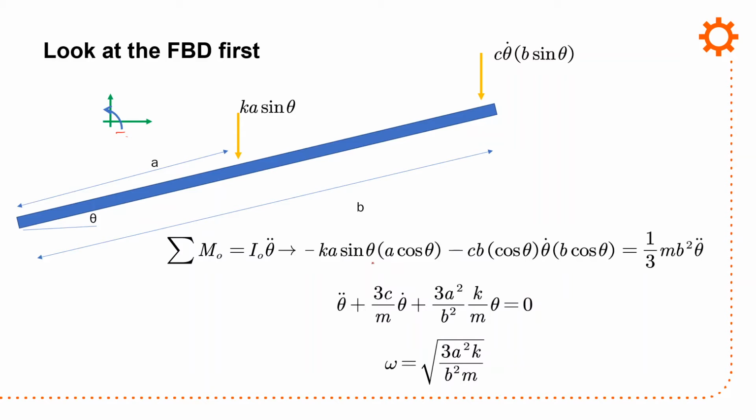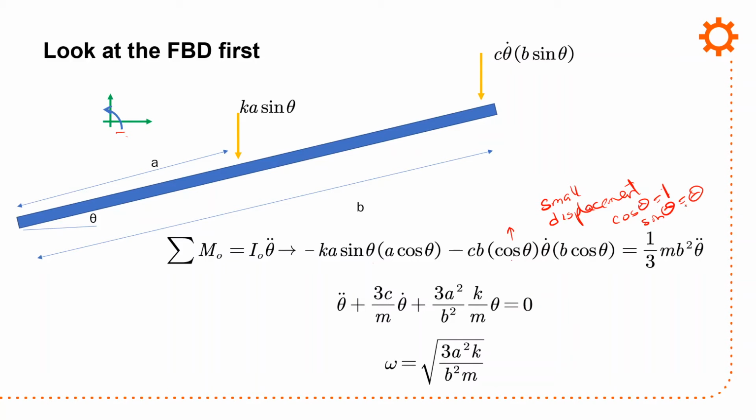So if I put in terms, I end up with minus k sine theta a cos theta minus c b cos theta theta dot b cos theta, lots of mess. But then I can say, for very small displacements, cos theta is equal to 1 and sine theta equals theta.